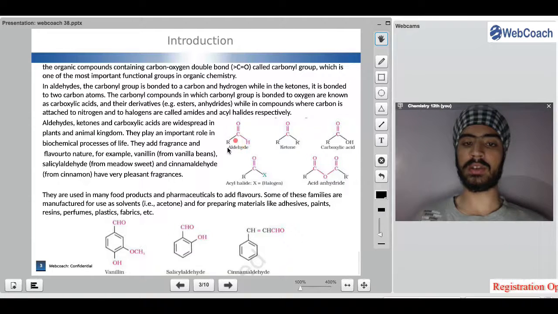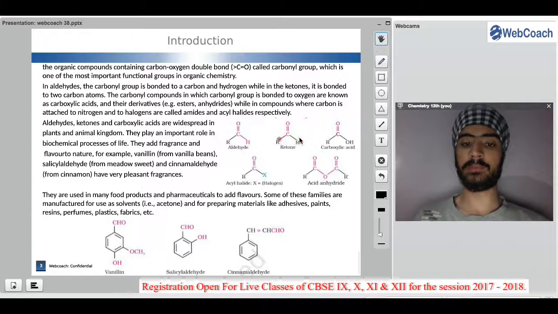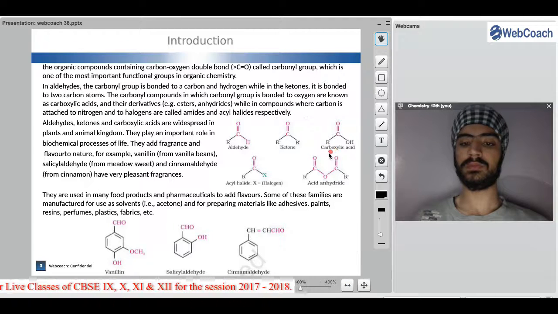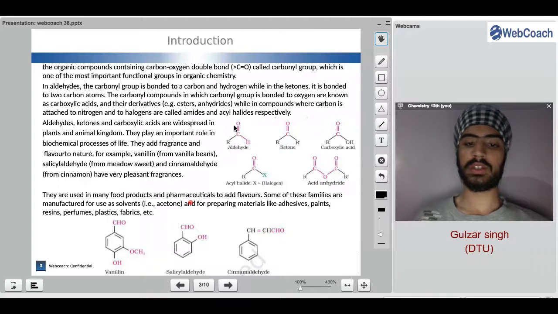Aldehydes have a C double bond O group with H attached to the alkyl group. In ketones, two alkyl groups, which can be the same or different, are attached to the C double bond O group, the ketonic group. In carboxylic acids, the C double bond O is attached to OH and the alkyl chain. So these are the typical compounds we will be studying in this session.